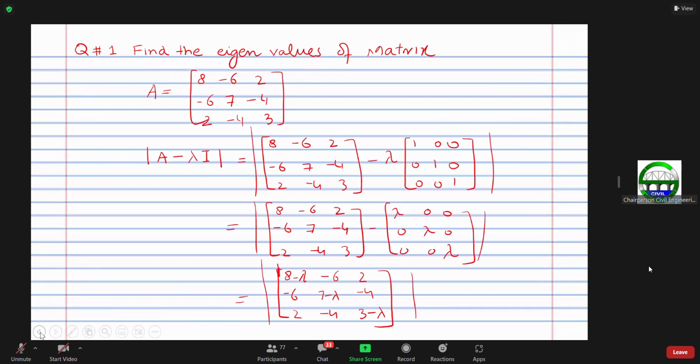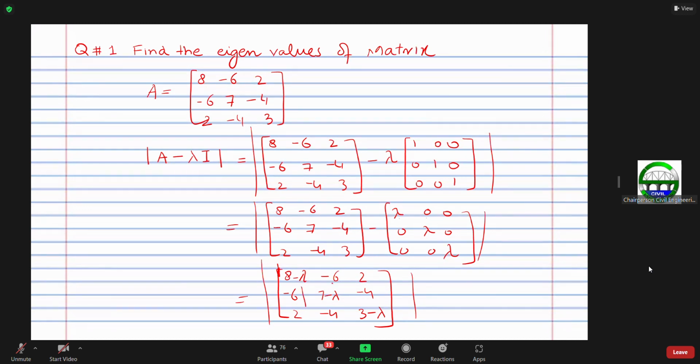Wait, I should not change it. Okay, I will just write the values in here so it will be easier for me.